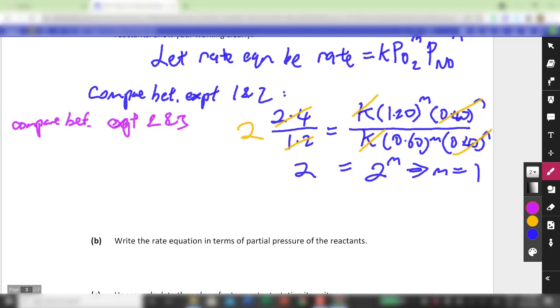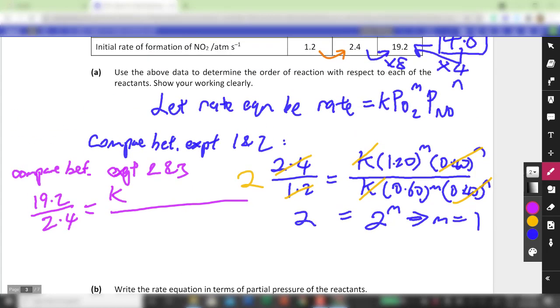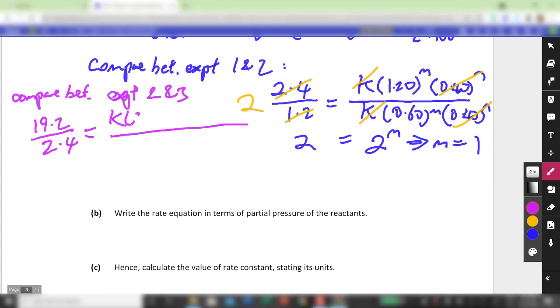So in this case, you are simply comparing between experiment 2 and 3. What you're going to do here is simply put 19.2 divided by 2.4, and then you write out the rest of the parameters. So this is k times 2.40 to the power 1, and 0.80 to the power n, over k times 1.20 to the power 1, and 0.40 to the power n.